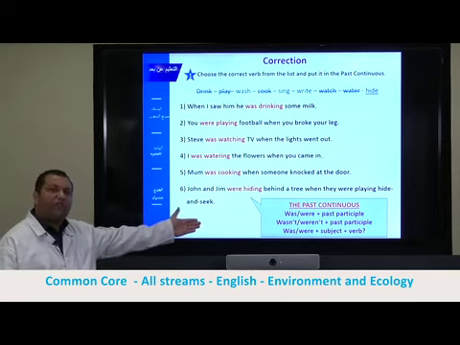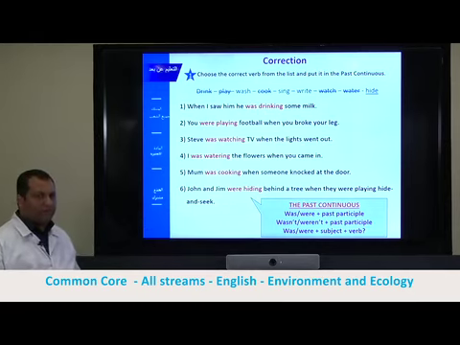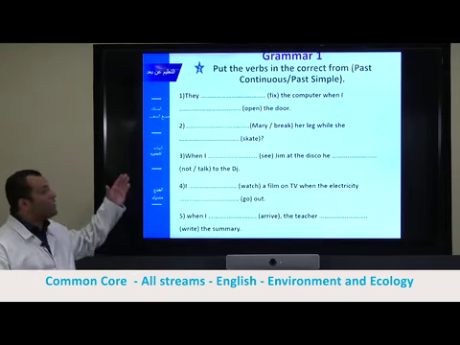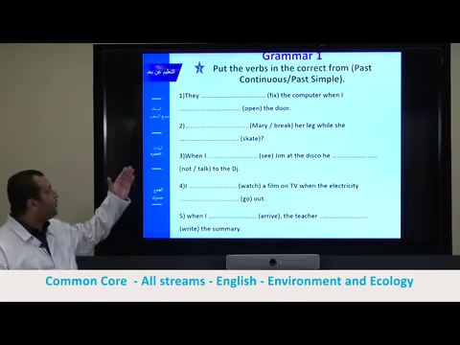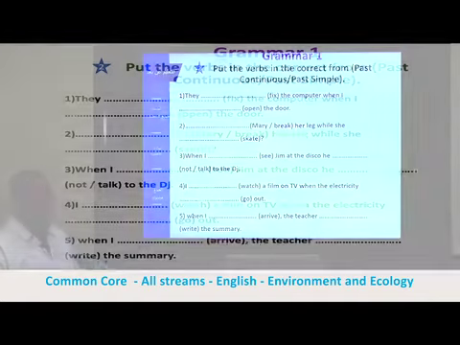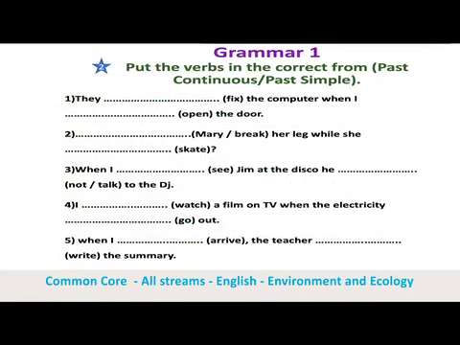And here is a review of the rules in front of you. Now, let's move on to the second exercise. Put the verbs in the correct form. Either you use past continuous or past simple.